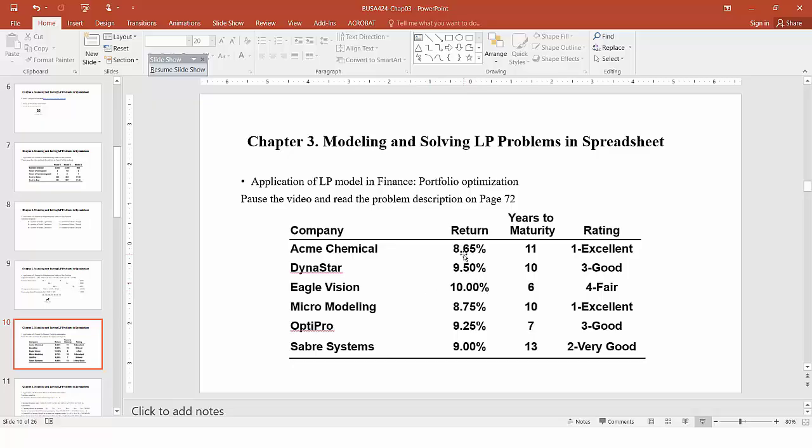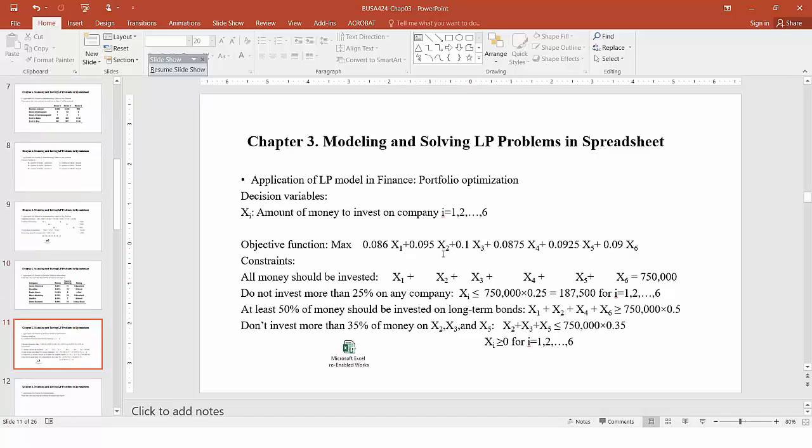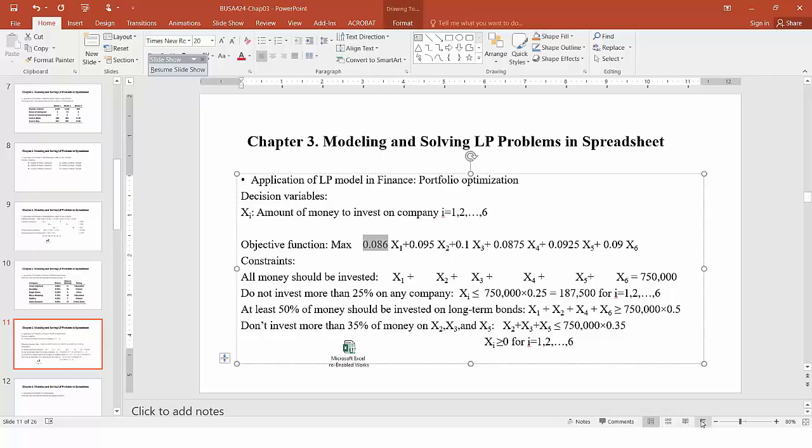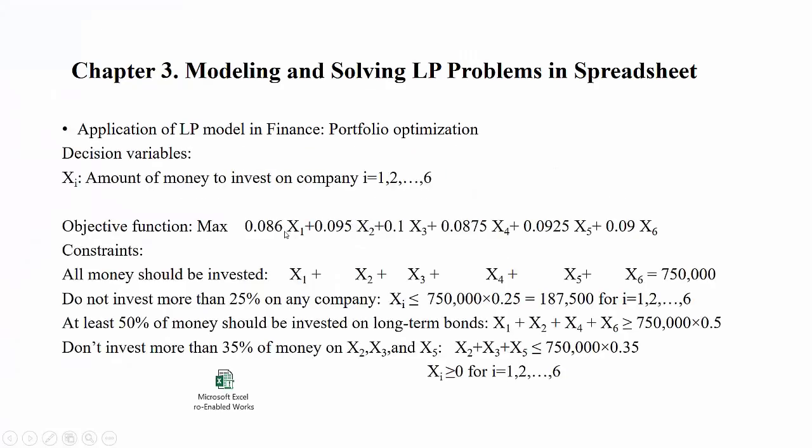So the objective function is the multiplication of each of these percentages that we get from the investment, added up. The type of the objective function is maximization.